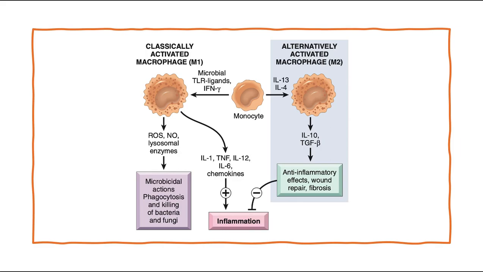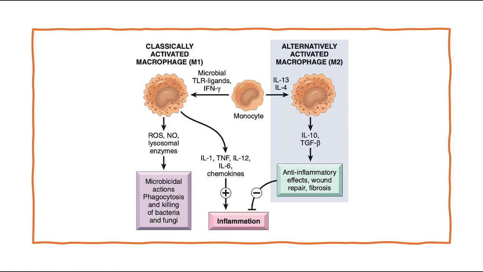Alternative macrophage activation is induced by cytokines other than interferon gamma, such as interleukin-4 and interleukin-13 produced by T lymphocytes and other cells. These macrophages are not actively microbicidal. Instead, the principal function of alternatively activated macrophages is in tissue repair.